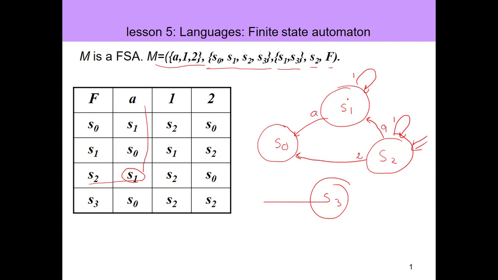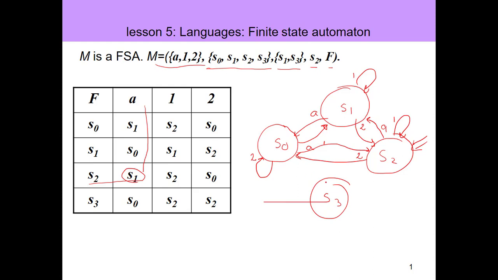And if in S1 I get a 2, I go to S2. Okay, S0. If I get an A in S0, then I go to S1. If I get a 1 in S0, I go to S2. And if I get a 2 in S0, I stay.